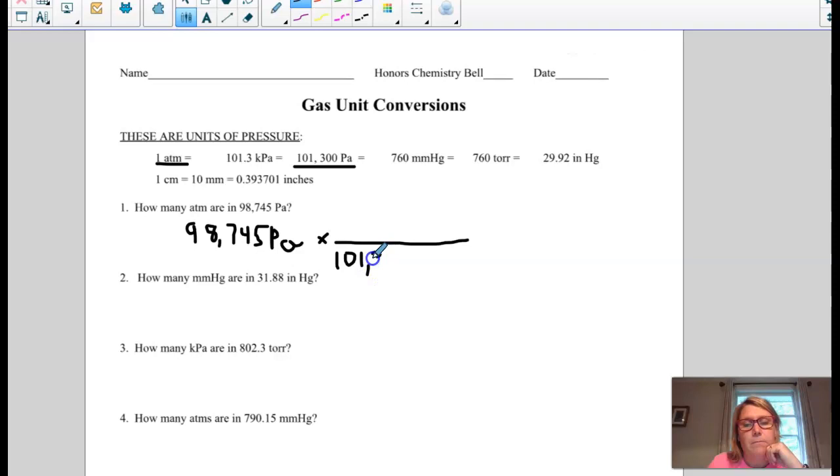101,300 pascals on the bottom because I want pascals to cancel out. So I'm going to pick another color here, blue, and I'm going to put a line through pascals. And then what I'm going to do is I am going to put 1 ATM on top.